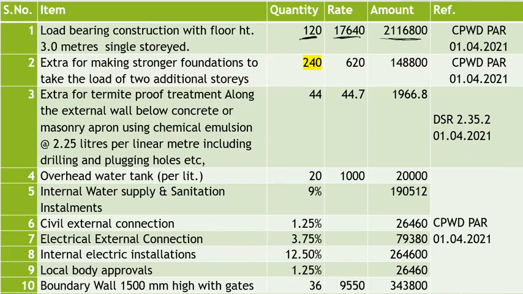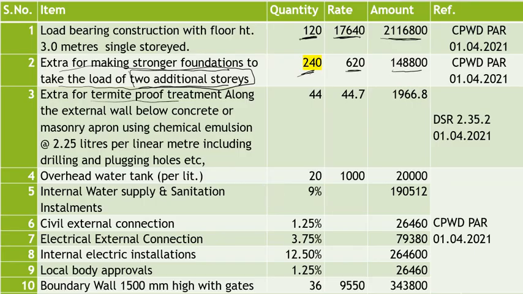Then extra for making stronger foundation to take load of two additional stories. So two additional stories, we assume the same site coverage, 120 into 2, 240, rate is 620, it becomes 1,48,800.